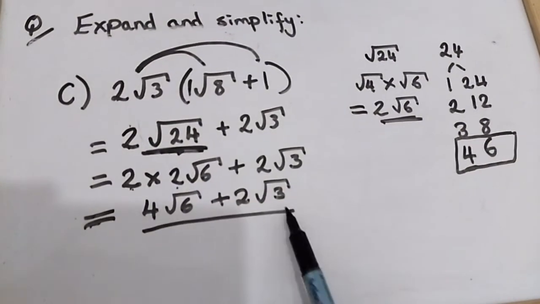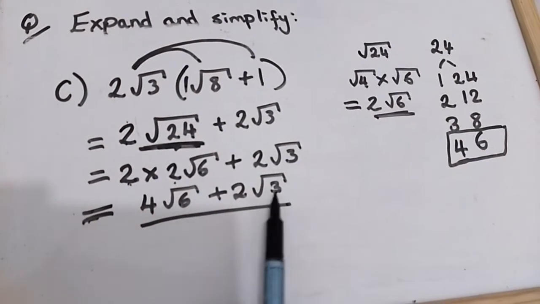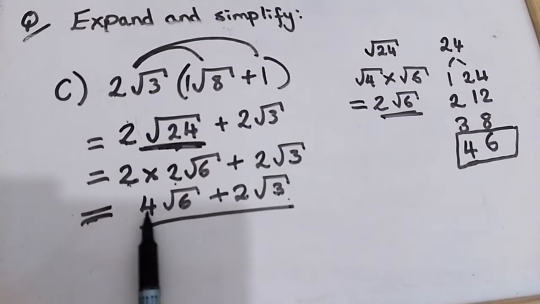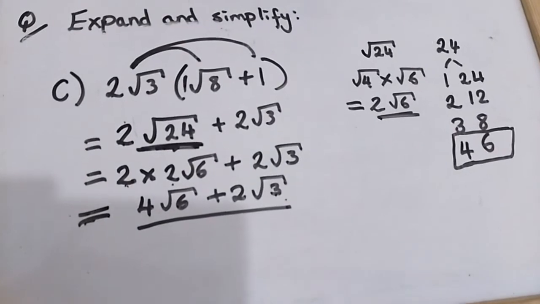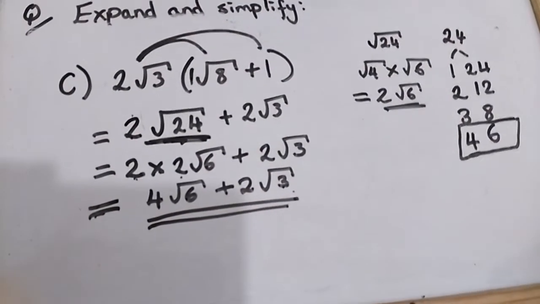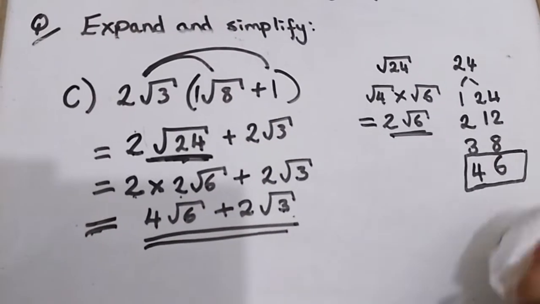And remember, the surds aren't the same, so we can't add them together. So it's just as if we had 4x plus 2y. Can't add it together. So that's my final answer. Let's try another example.